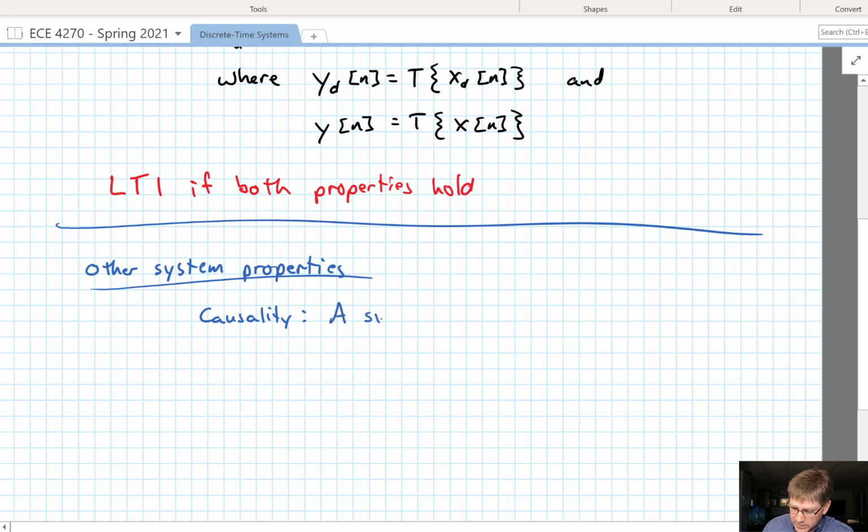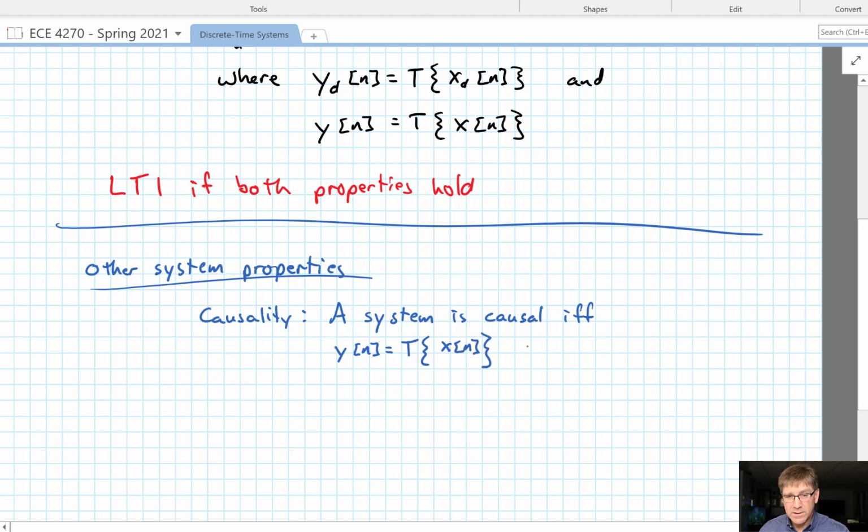Causality is what makes a lot of science fiction movies, well, a lot of science fiction movies aren't causal. But that's okay. A system is causal if and only if y[n], which is some system T operating on x.